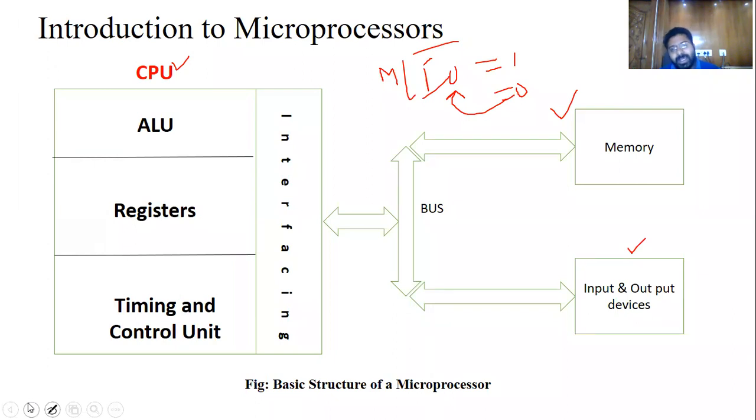The microprocessor pins work as zeros or ones, so it is always either 0 or 1. Whenever you want to connect the memory or the input/output device, you simply put the IO bar equal to 0.